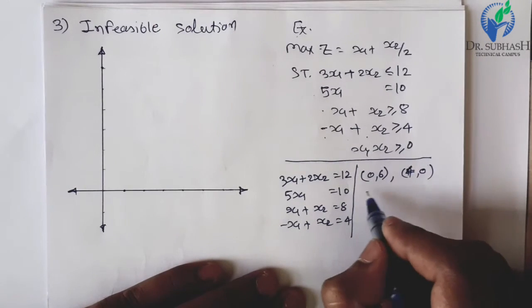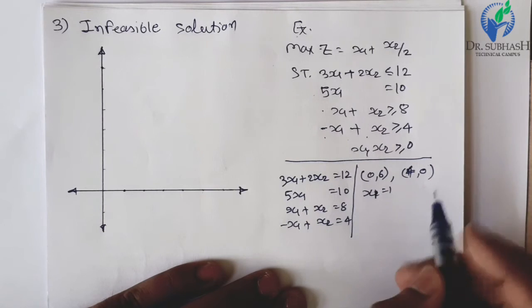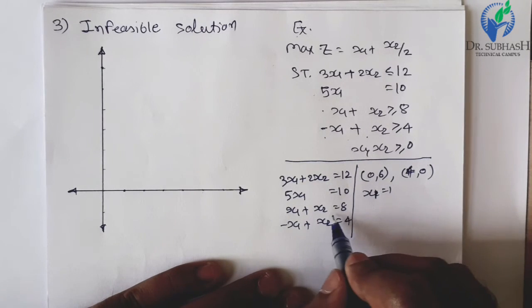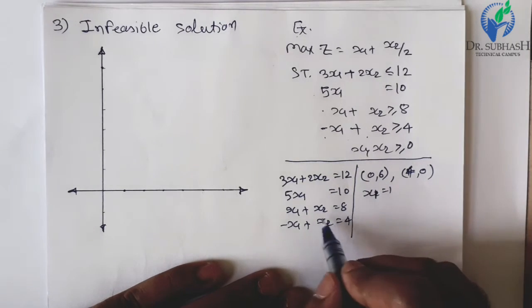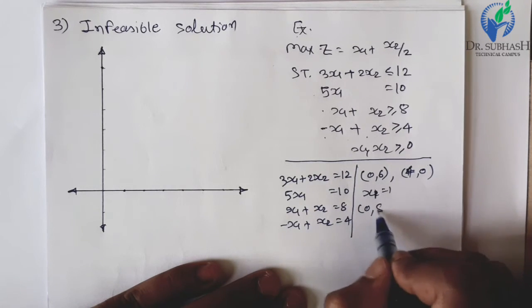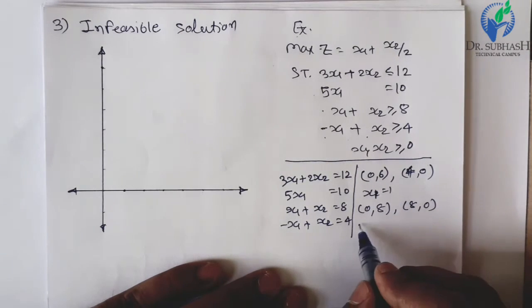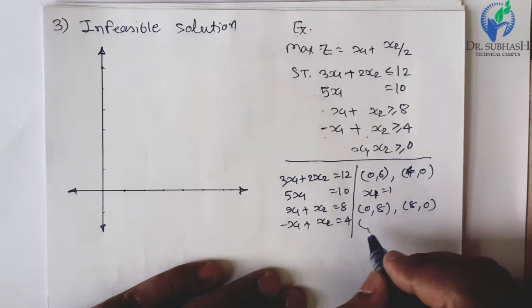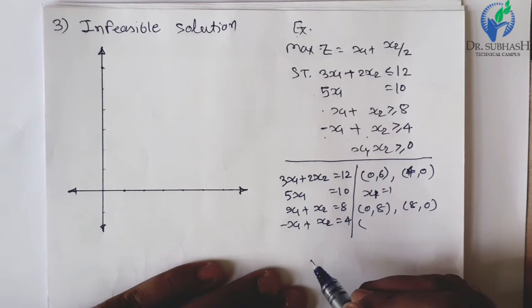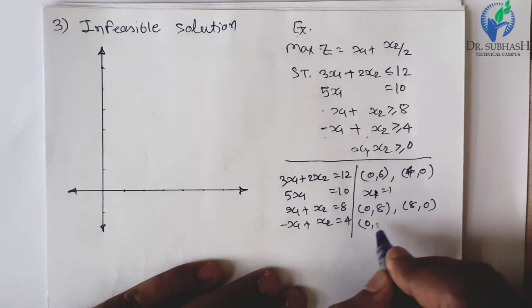And for this equation, x1 equal to 2 is the only value. You can take a value of x2 as any value. Then for the next equation, if you consider x1 equal to 0, then x2 equal to 8, and here 8 and 0. It is just a straightforward equation. For the last constraint, if we consider x1 equal to 0, then we get x2 equal to 4.